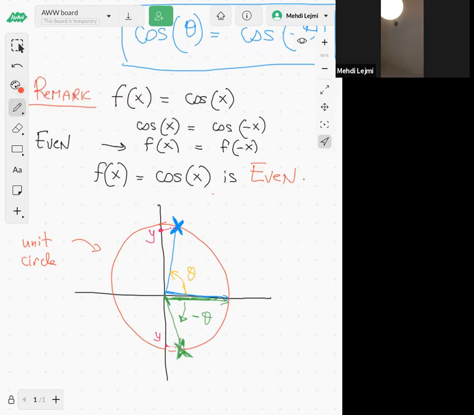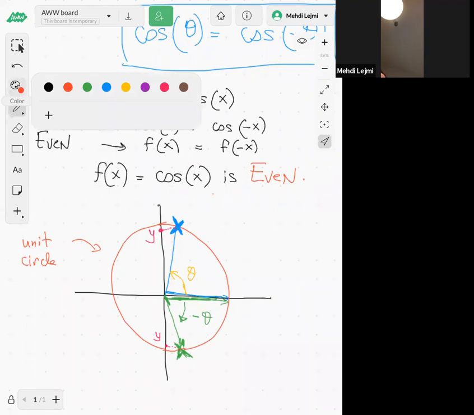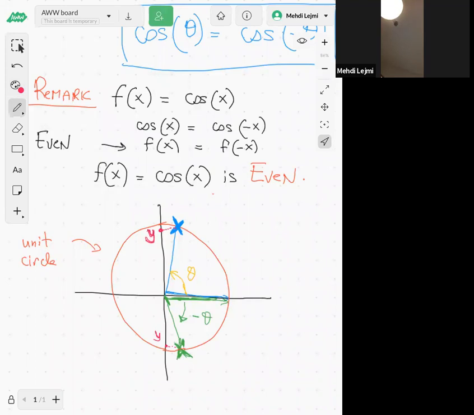Because my unit circle is really bad, but the thing is, this y coordinate and this one, they're gonna be opposite.